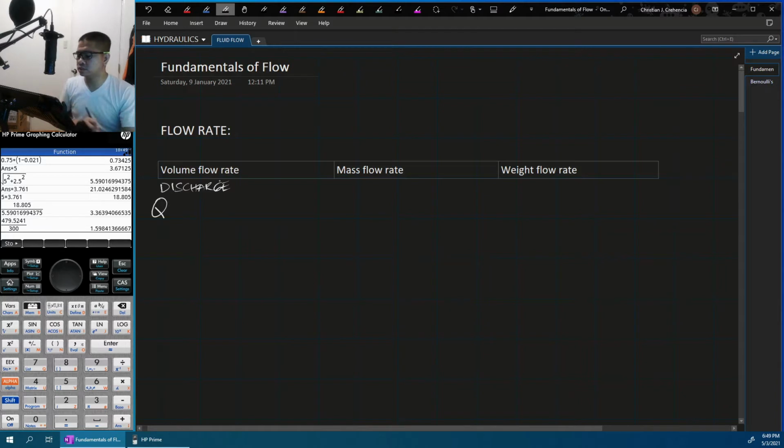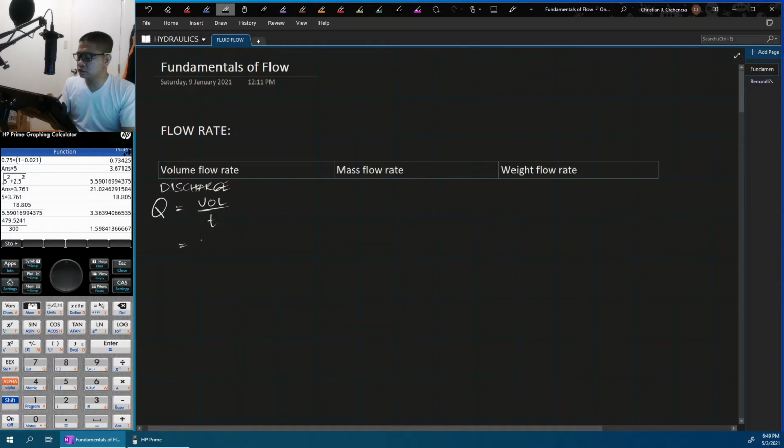So when we say discharge, commonly that is volume flow rate, and Q is the amount of liquid in terms of volume that passes through a point per unit time. Okay? So normally per second.